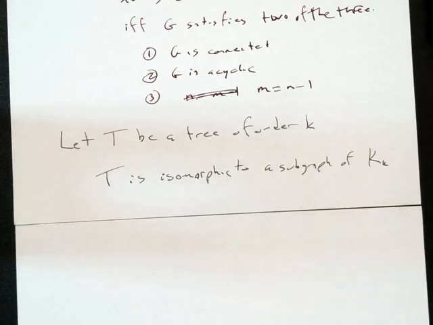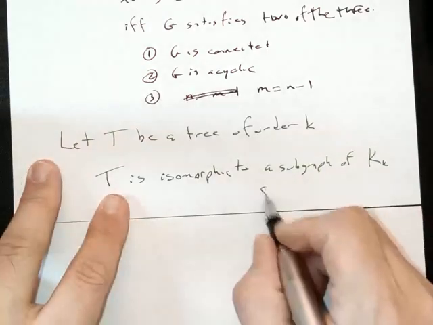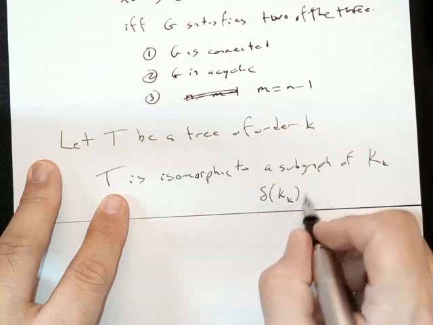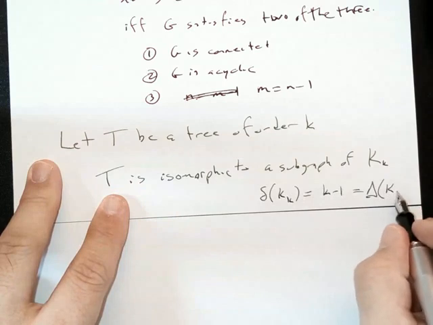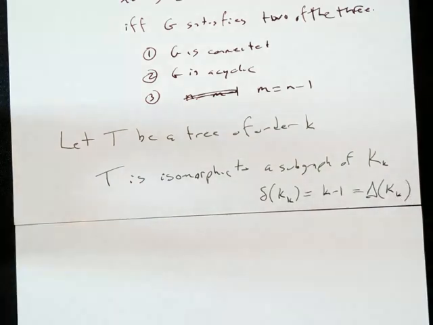But in the complete graph of order k, every vertex has the same degree. Every vertex has degree k minus 1. And since they're all the same, that's the lower and upper degree limit. Well, it turns out that that is also true for any graph whose minimum degree is k minus 1.